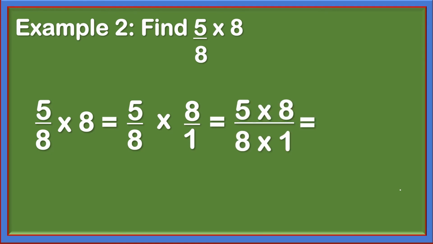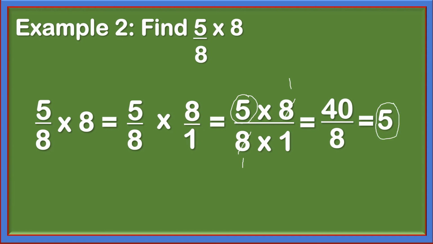So, 5 times 8 at saka 8 times 1, which is 40 over 8. Ang 40 at saka 8 ay hindi pa reduced. So, what do? We divide it by, 40 divided by 8 is 5. Pwede din, i-reduce na natin ito 8 at saka 8, magiging 1 at saka 1. So, the answer, the remaining number only is 5. Ito na lang. So, same answer lang siya po.